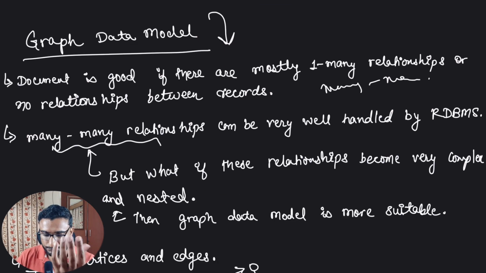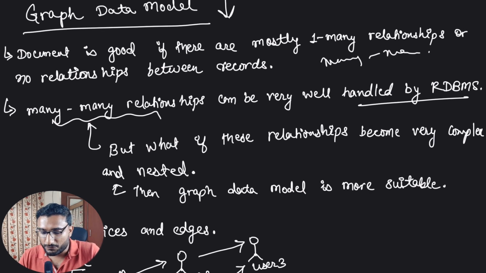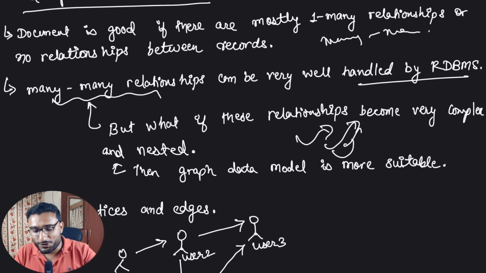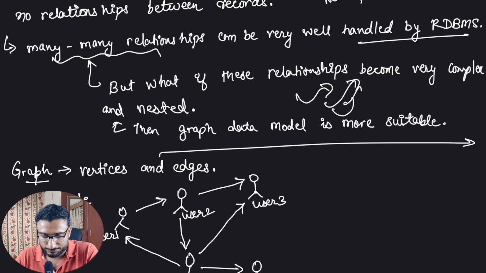So this is what we have written here: many-to-many relationships can be handled very well by an RDBMS, but what if these relationships become very complex and nested, inside this is this, inside this is this, very complex. In those scenarios your graph data model will be more suitable to solve your use case.